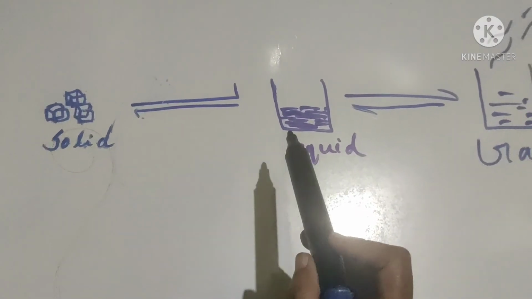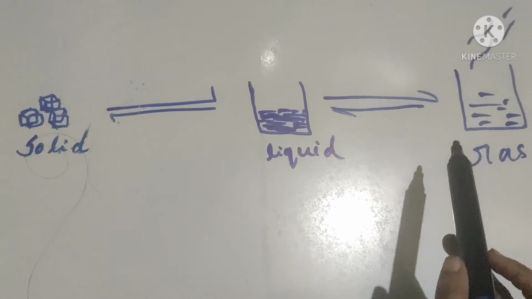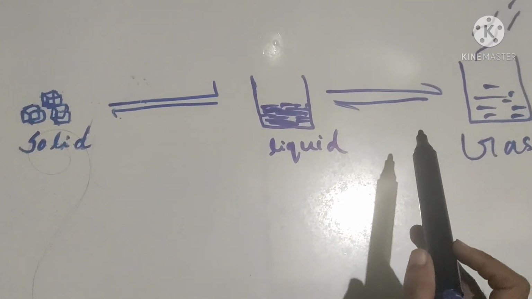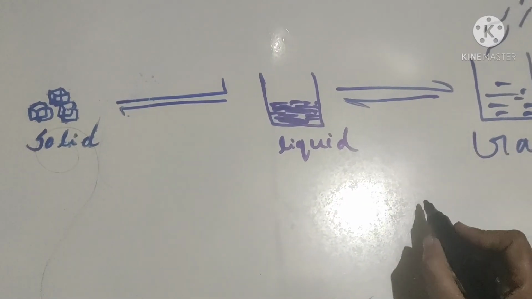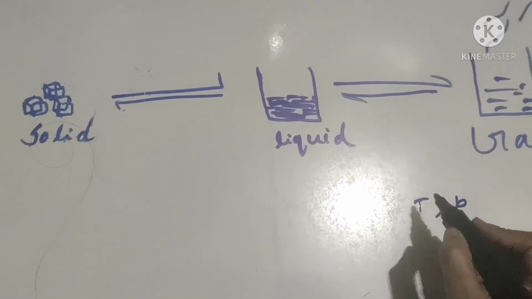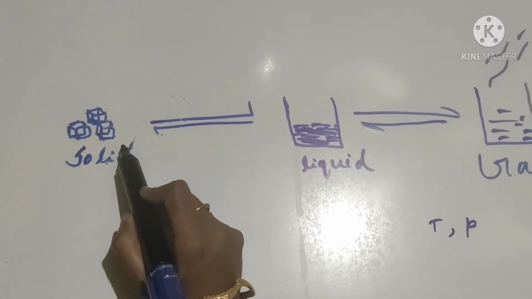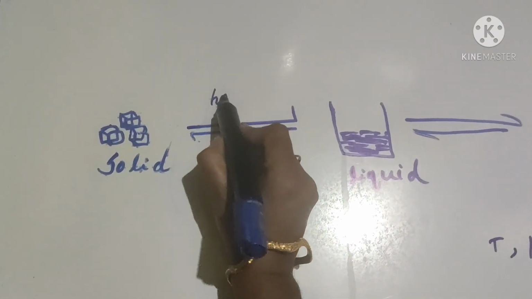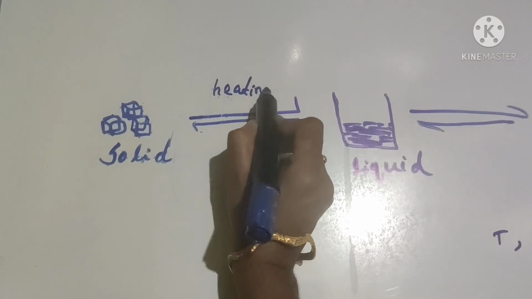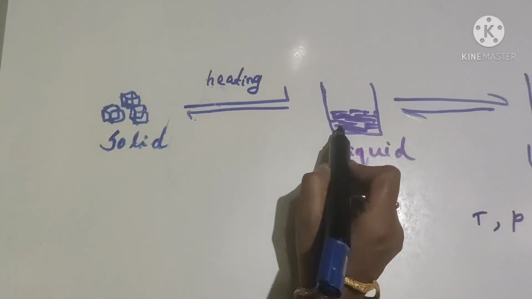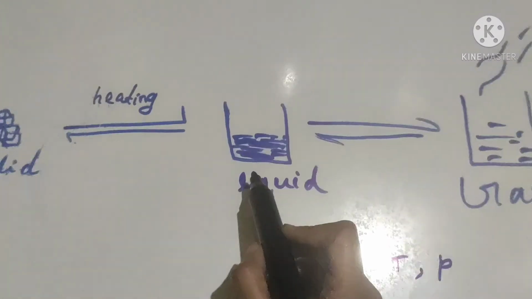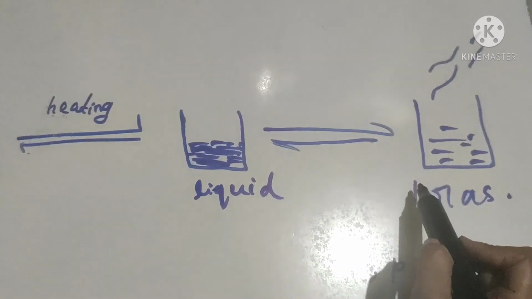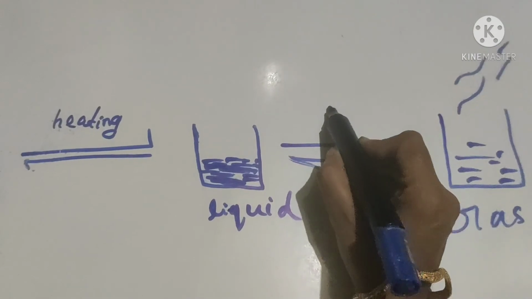The three states of matter are interconvertible by changing conditions of temperature and pressure. On heating, solids change to liquids. Liquid on further heating changes to gas.